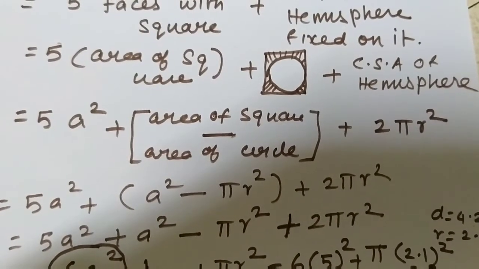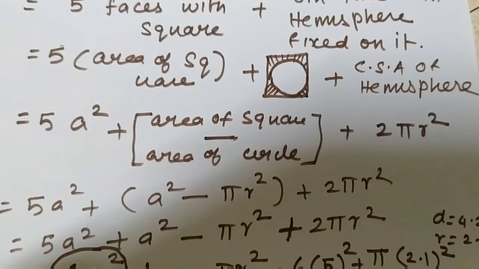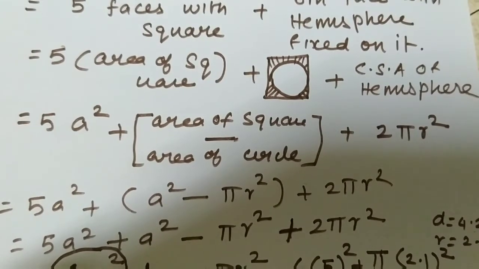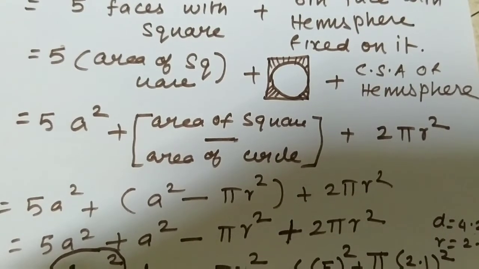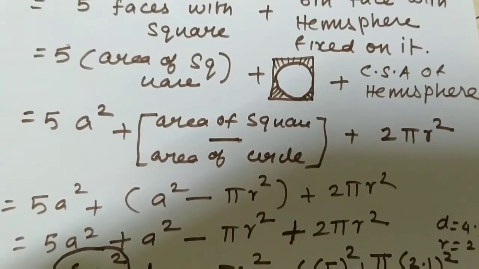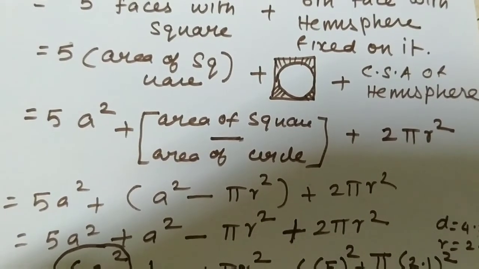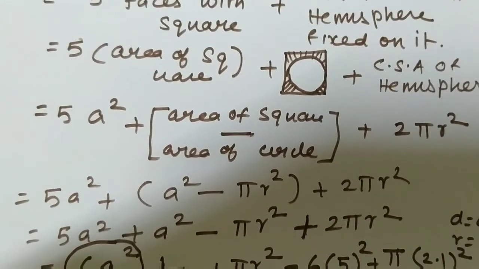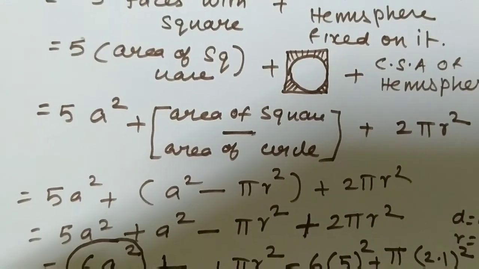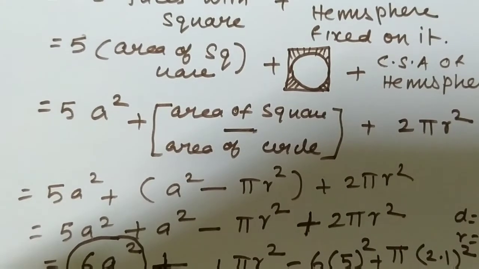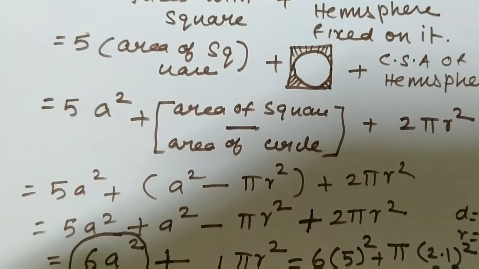So why are we subtracting the area of the circle? To obtain the area of the shaded portion, we are subtracting the area of the circle from the area of the square. What formula should we use? Curved surface area formula or total surface area formula? If you understand the basic concept very well, you can identify whether we have used curved surface area or total surface area.